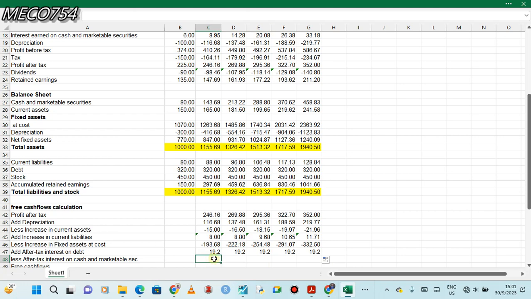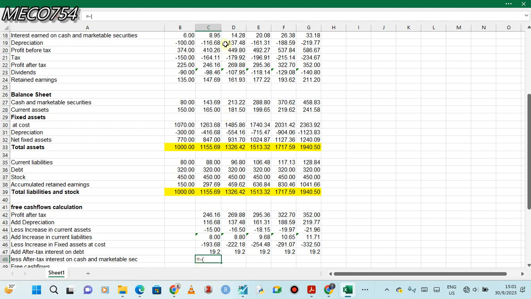Now for the tax adjusted interest on cash and marketable securities, we're also going to do the same. It's equal to, we want to subtract it from our income statement. It's positive, so let's include a negative sign.